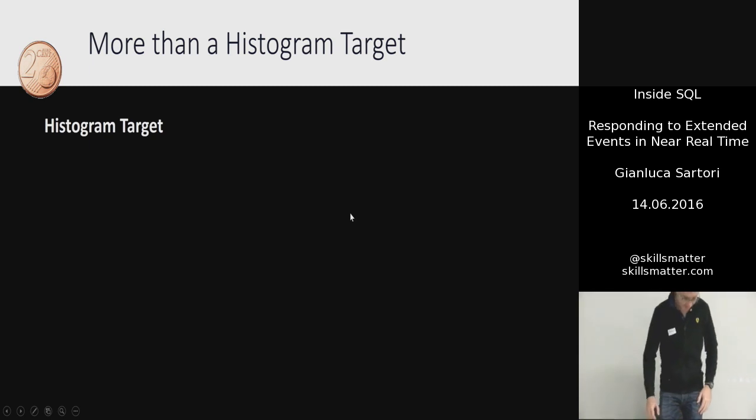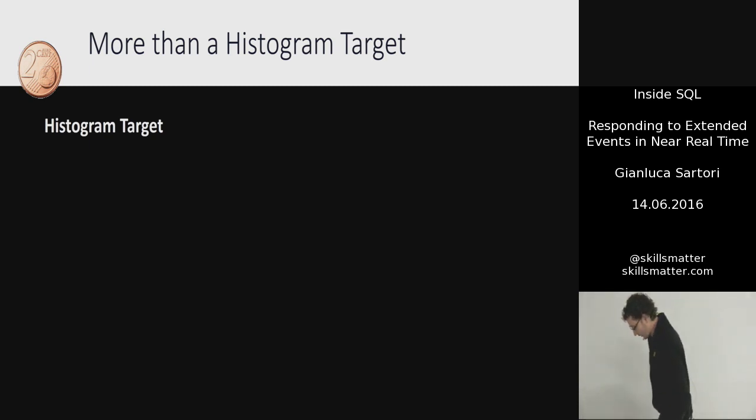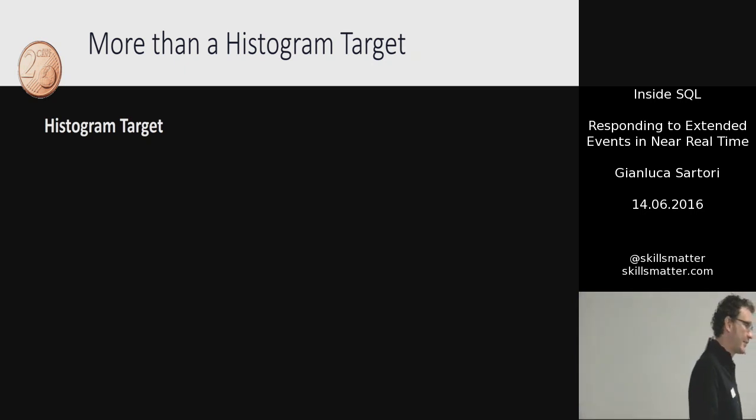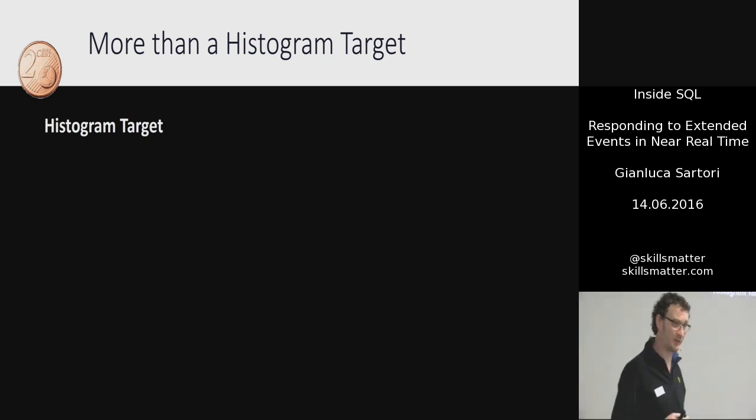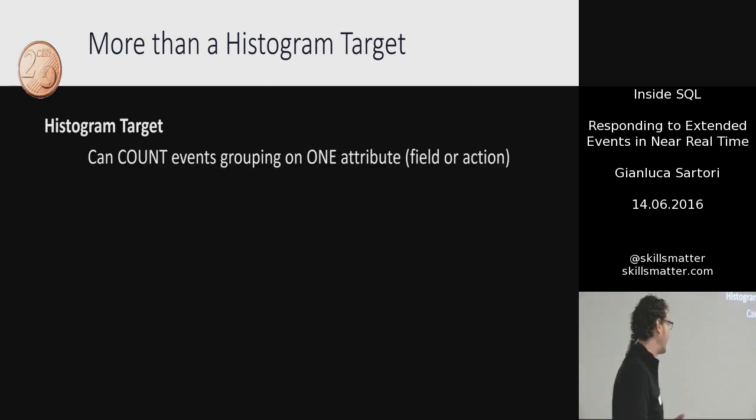Okay, so other things you could be doing with the streaming API. We have seen that the histogram target is an interesting target to use when you want to group on some of the fields that you have available in your session, and you want to count the events that you have in the session. But the histogram target can count events grouping on one attribute.